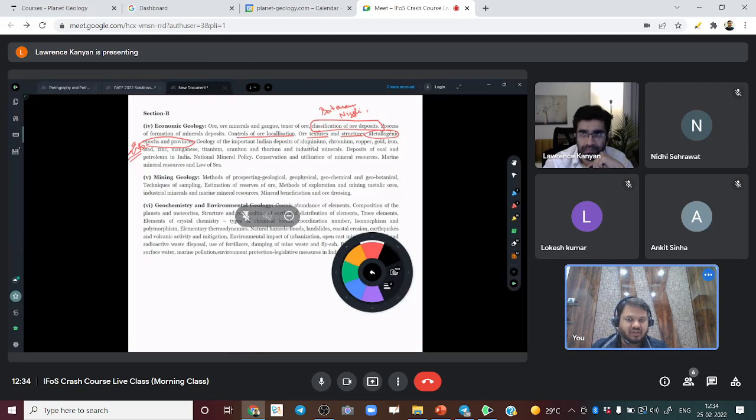In ore texture, you can go through the notes, but a lot of things are pretty much like igneous petrology only, right? In igneous, you have read about textures, so there is a certain overlap in the names of the textures. Obviously, there are some very specific textures in ore geology also, right? One difference is that in igneous petrology and mineralogy, we were using an optical microscope, right?